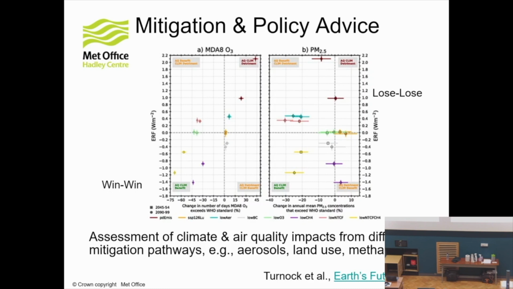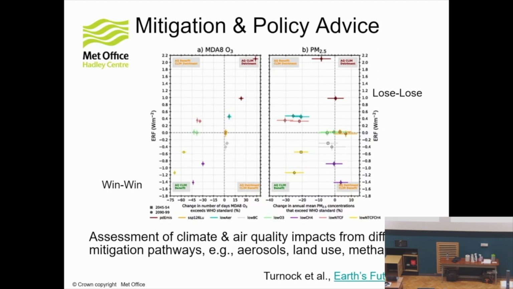So this quadrant here is representing what we might refer to as a win-win, because the measure is giving rise to a negative change in the Earth's radiation balance and a reduction in exceedance days. And so what we can see is that if we reduce methane in the atmosphere, or if we include methane alongside reduction in aerosols, we can get a win-win for climate and air quality, both in the context of ozone, but also in the context of aerosol.